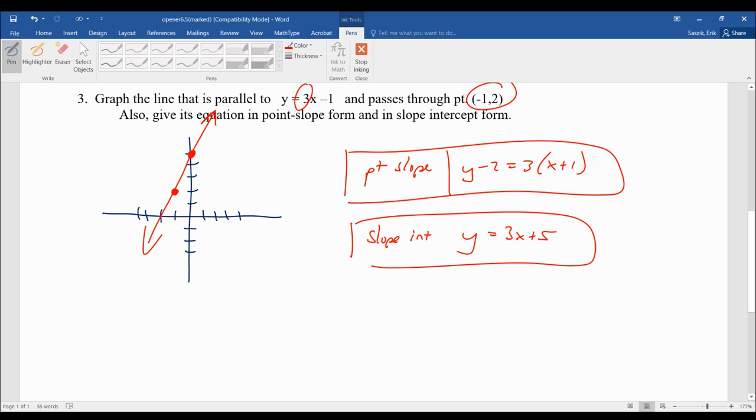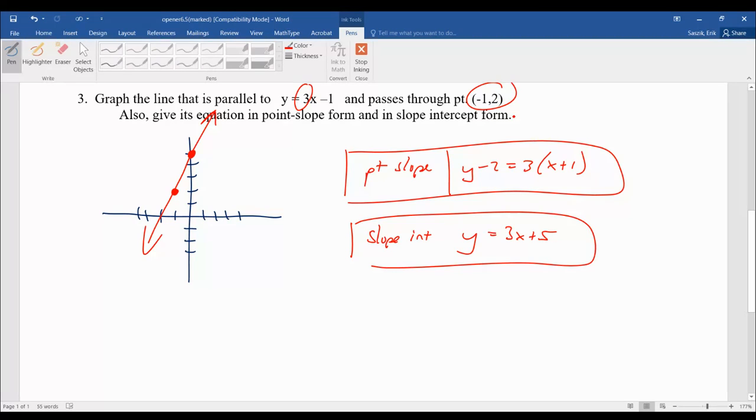Now, we clearly see that this is the y-intercept of 5: 1, 2, 3, 4, 5. So I could write it in slope-intercept form, y equals 3x plus 5. That's easy. I could also write it in point-slope form.